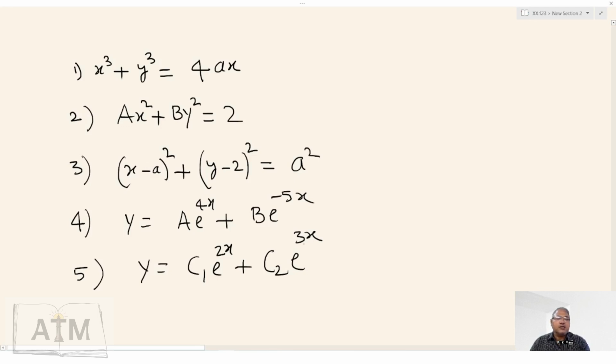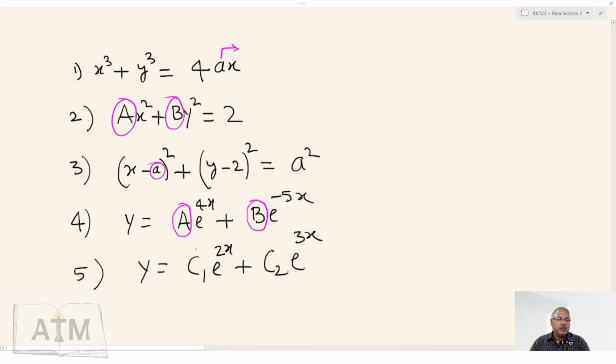Here, let us consider some examples. In the first example, a is the only arbitrary constant. The first equation has only one arbitrary constant. Second example, capital A and capital B are the two arbitrary constants. In the third example, there is a single arbitrary constant, that is A. And in the fourth example, there are two arbitrary constants.